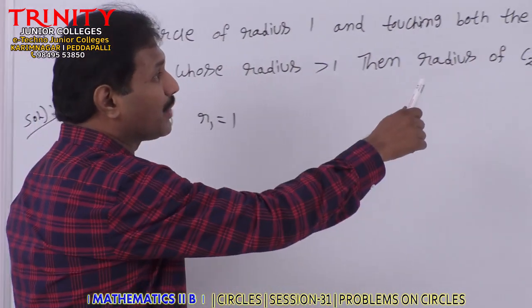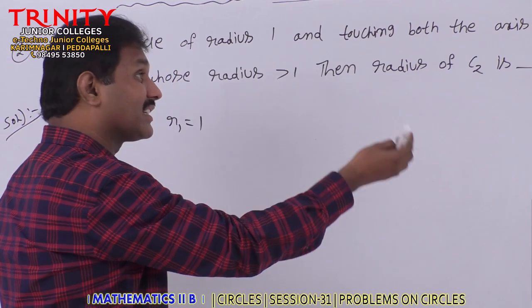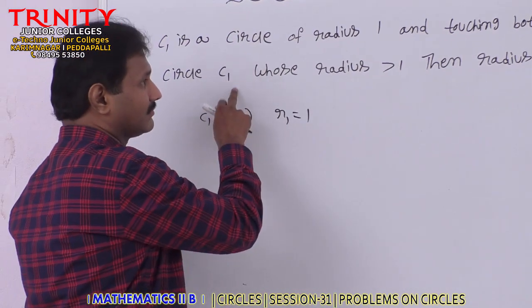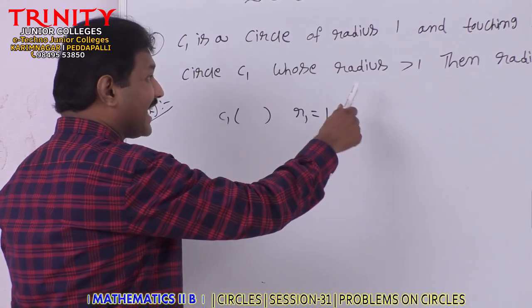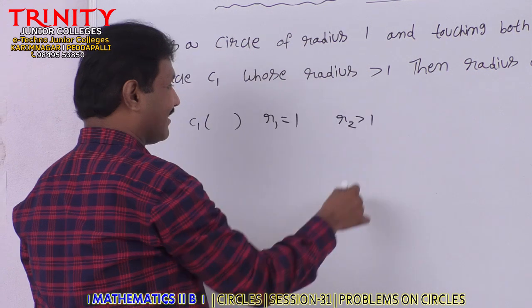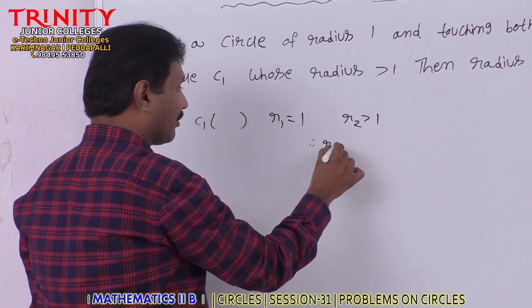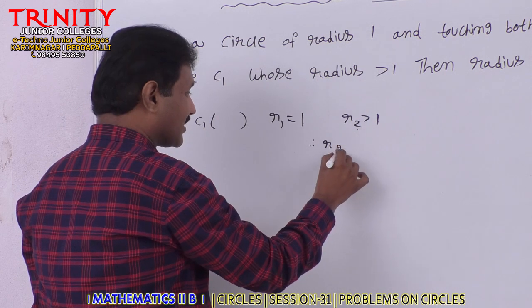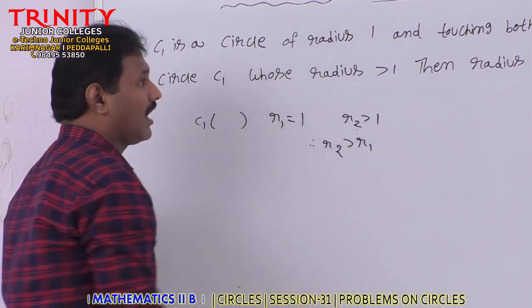C2 is another circle which touches both the coordinate axes and also C1. The radius of the second circle is greater than 1, R2 greater than 1. Therefore R1 equals 1, and R2 greater than R1.